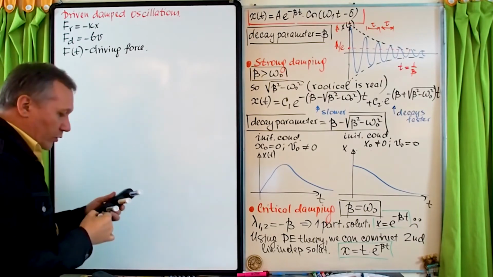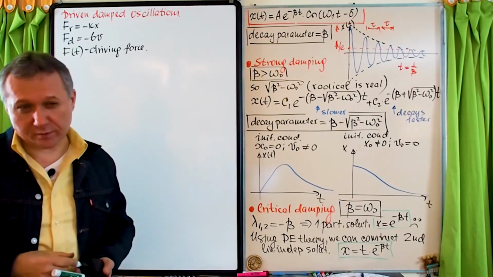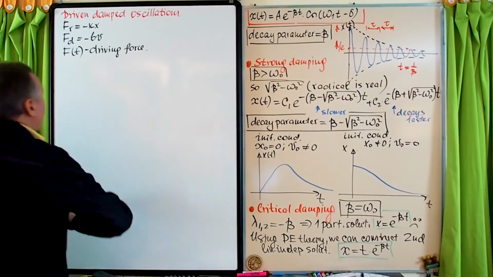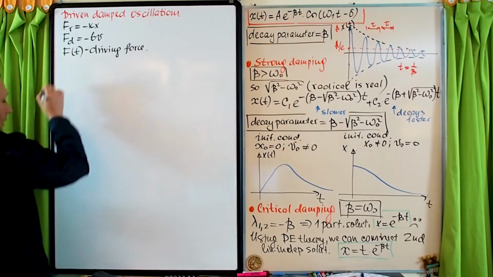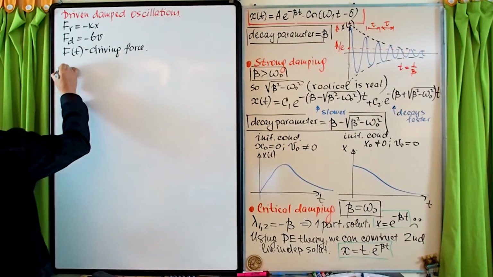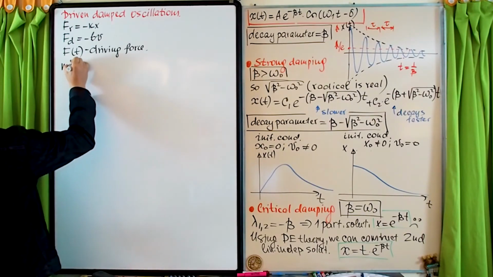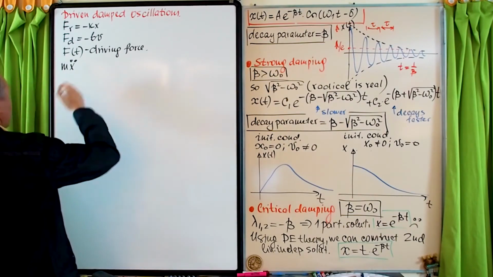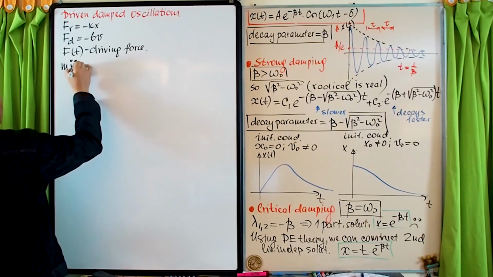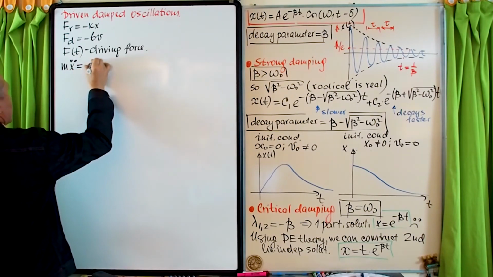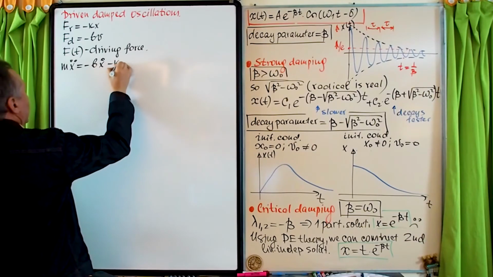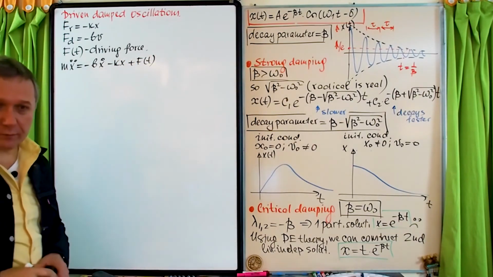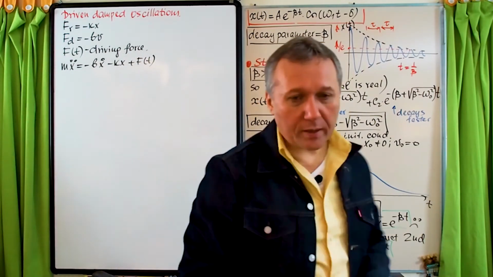Now I'm not going to redraw that picture. I will just write down the differential equation immediately. Let me write first in the form of Newton's second law: m x double dot equals minus b x dot minus kx plus the driving force. And again, divided by m.